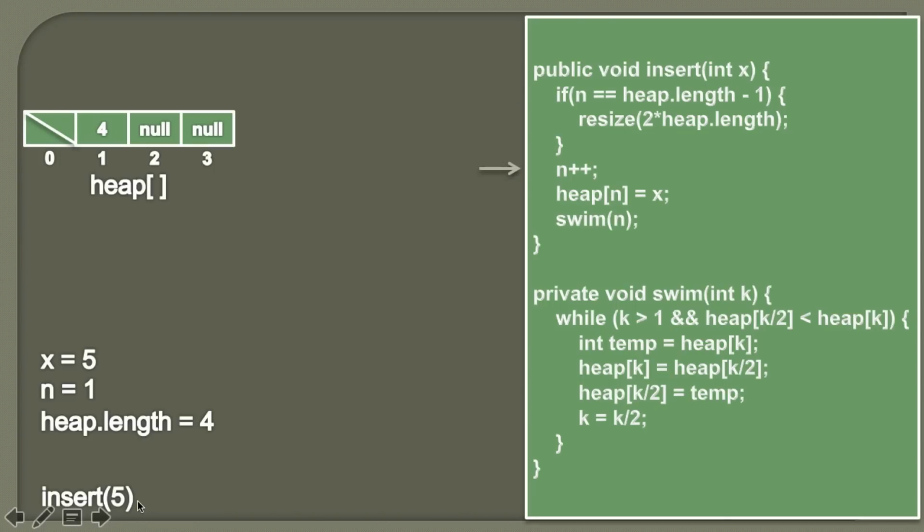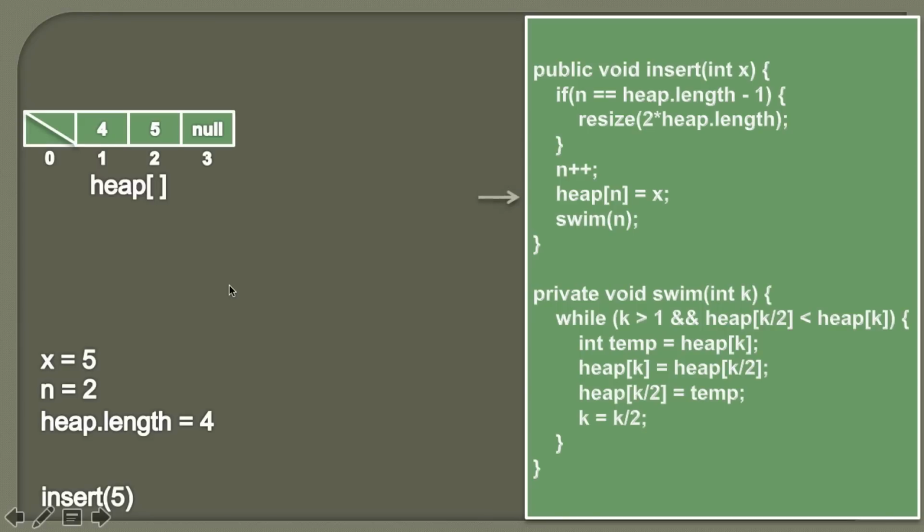Now as we are inserting 5, we'll first increment the value of n by 1. So n becomes 2. As we have incremented n by 1, we'll simply insert 5 at index 2 by assigning the value of x to heap at index 2.